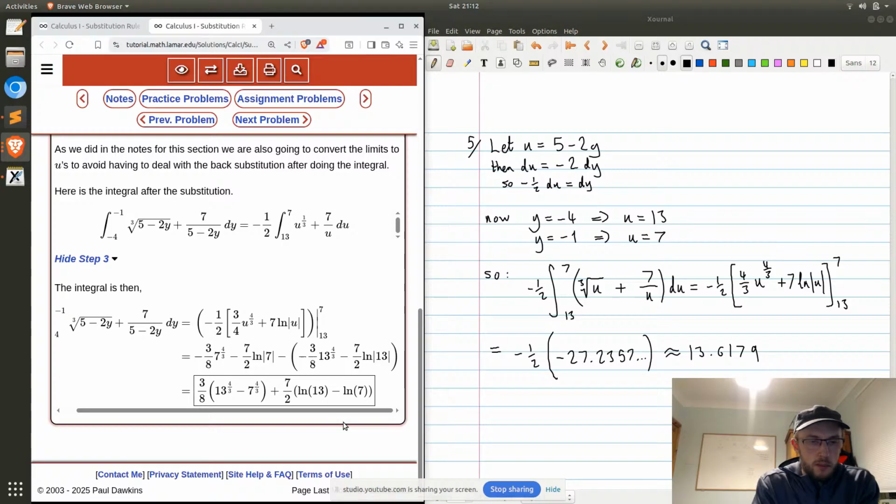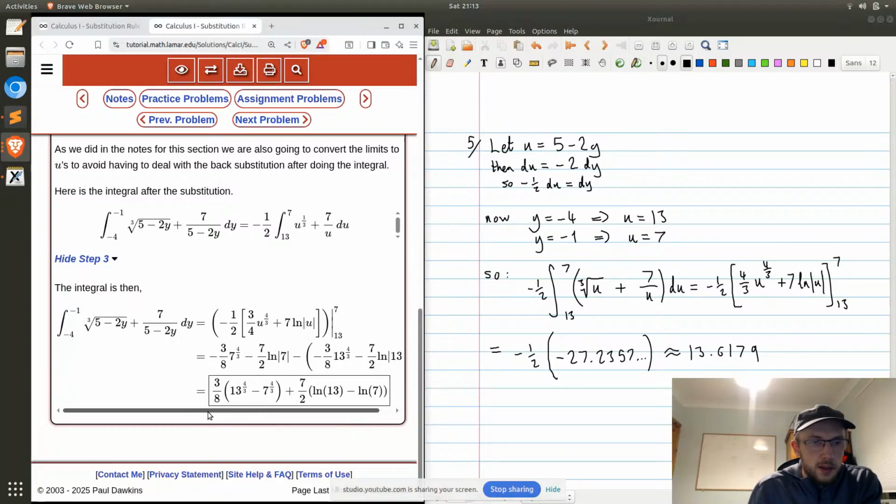So 13 to the 4/3, minus 7 to the 4/3, and then plus 7/2 times ln 13, take ln 7. And not quite, unfortunately. So where did this go wrong? If it did go wrong.